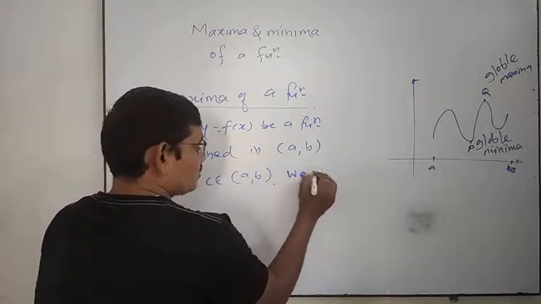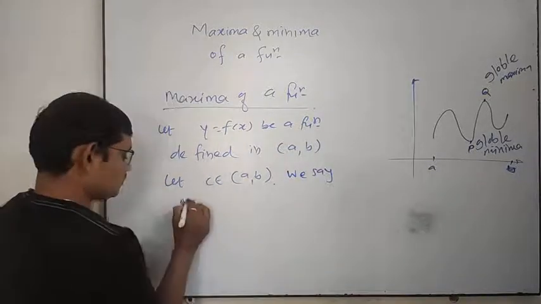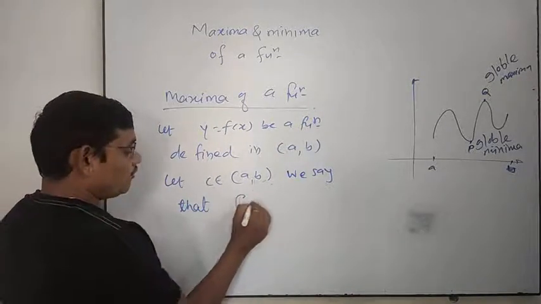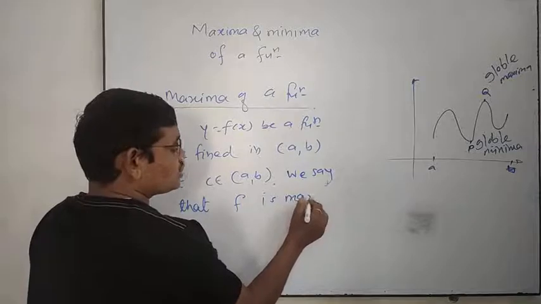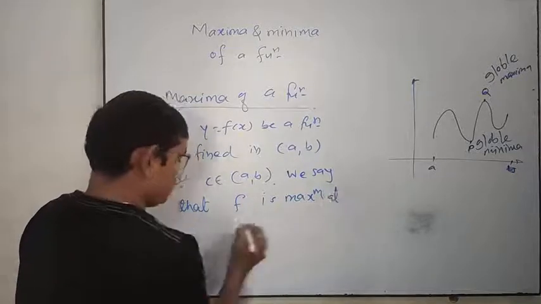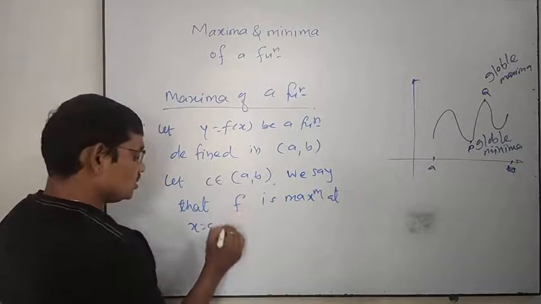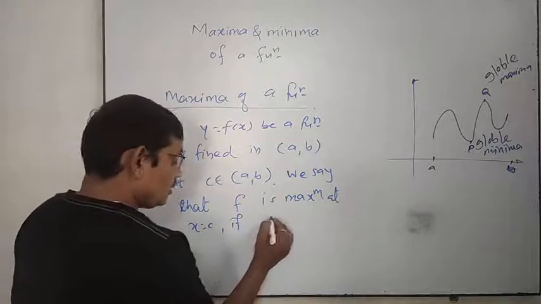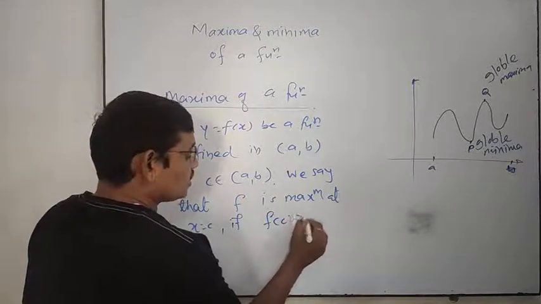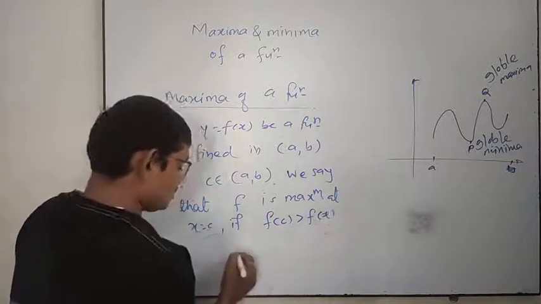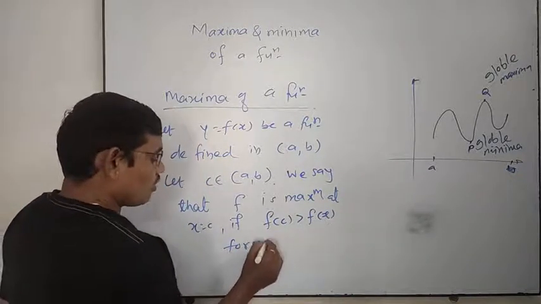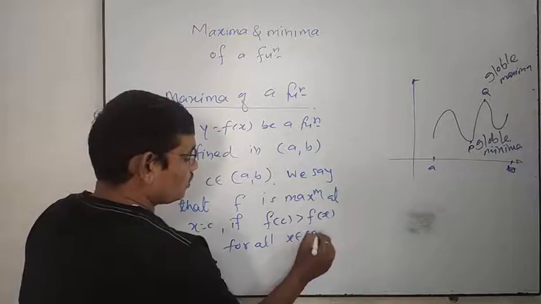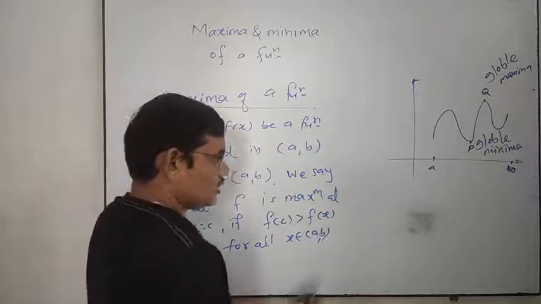We say that f is maximum at x is equal to c if there is a condition f of c is greater than f of x for all x belongs to AB.